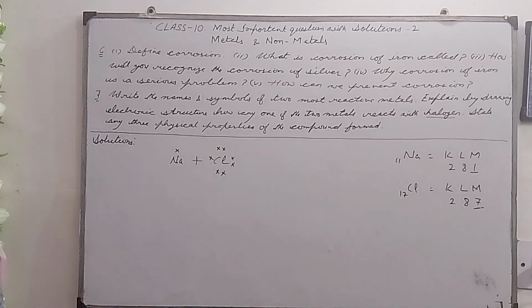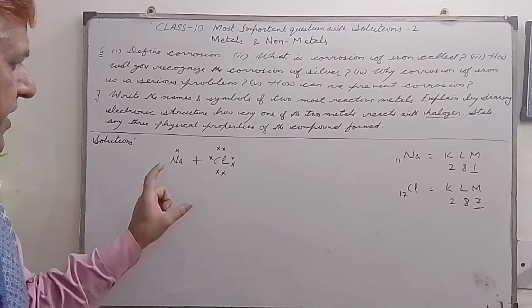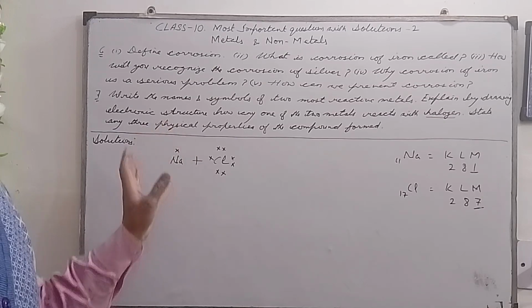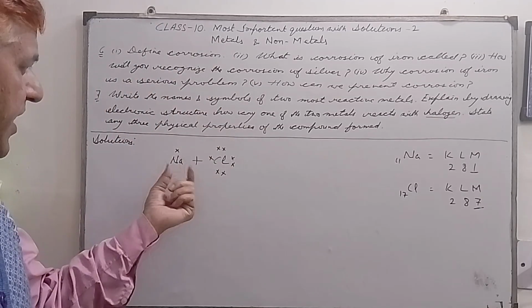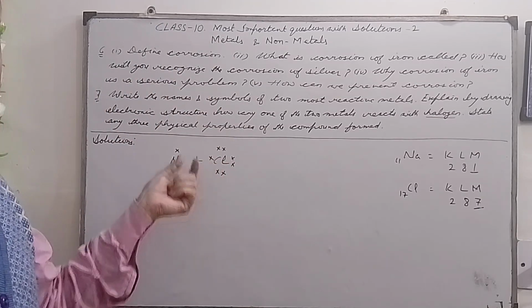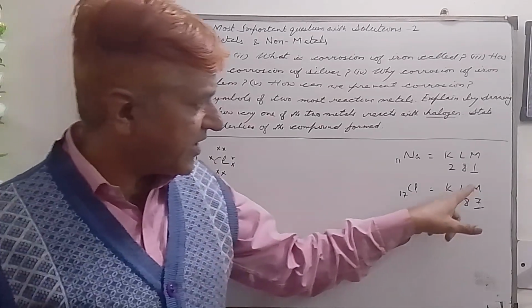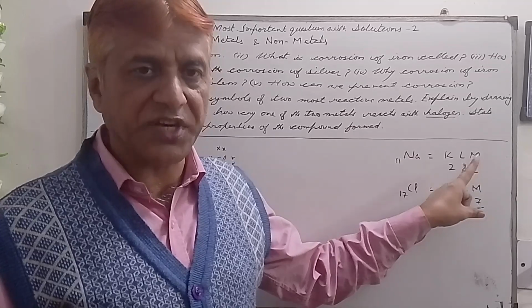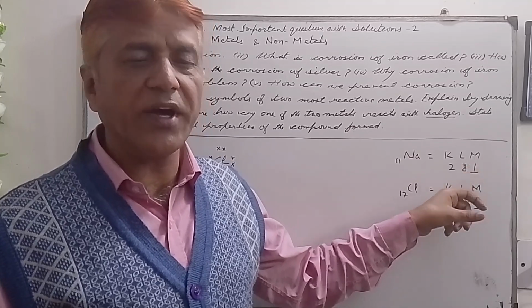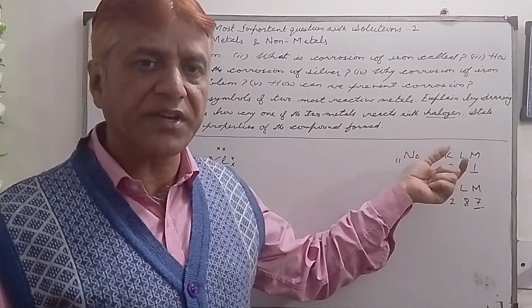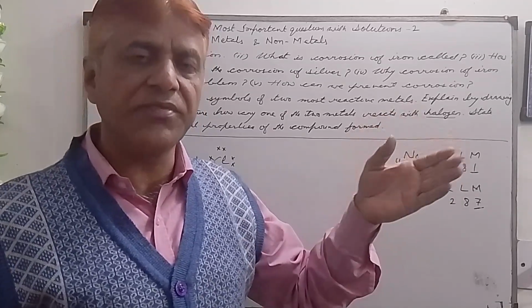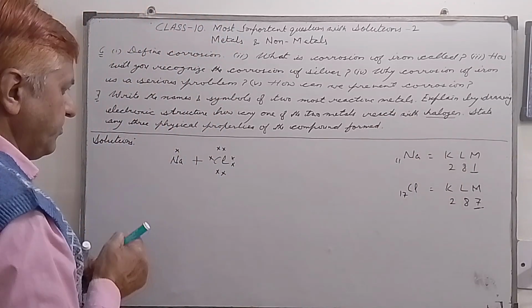So my dear students, always remember that an ionic bond will be formed here. Metals always have a tendency to give electrons, and non-metals have a tendency to take electrons. So sodium, in order to have 8 electrons in its outermost shell, or to achieve noble gas electronic configuration, will give or take electrons.